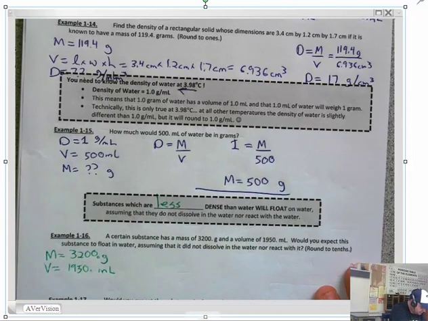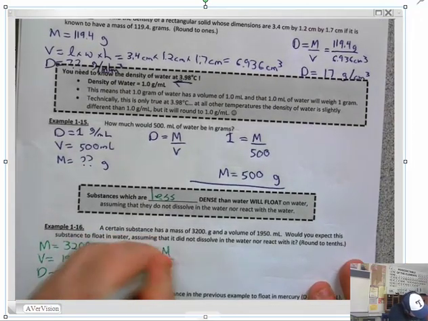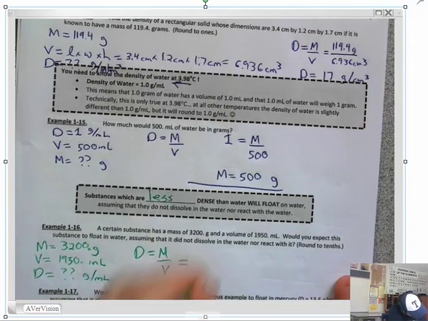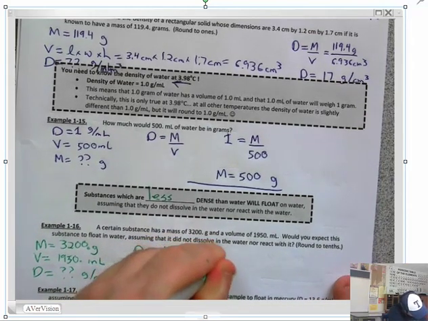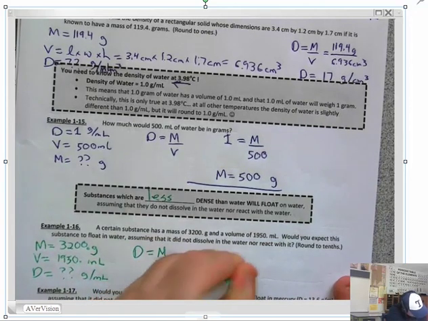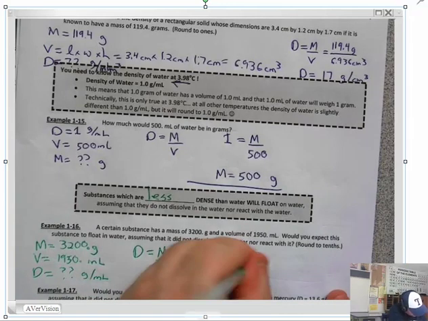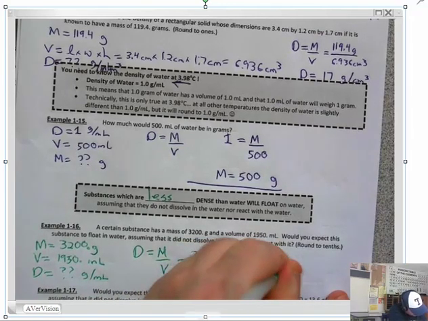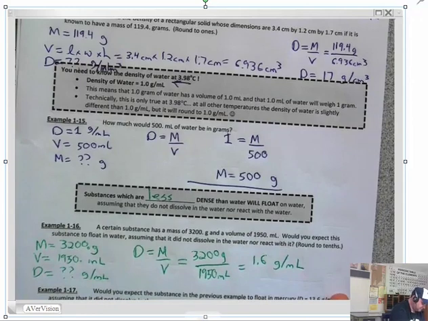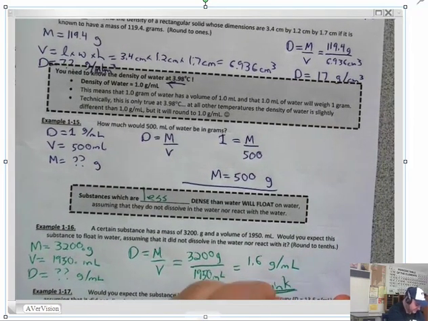We just expect the substance to float, assuming it did not react with the water, so we need to find the density. Grams per milliliter. Density equals mass over volume. We have to do 3,200 grams over 1950 milliliters. Okay. Which would equate to 1.6 grams per milliliter. So this would sink. This is above 1.